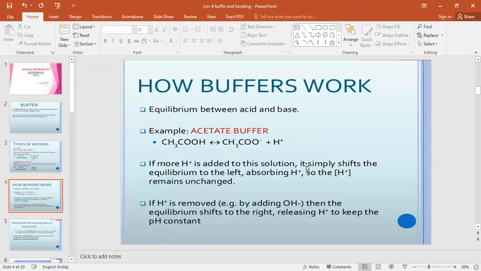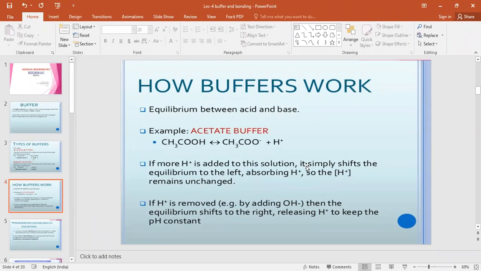If you add H+ ion into that buffer, it simply shifts the equilibrium to the left-hand side, where CH3COO- absorbs the H+ ion. So the concentration of H+ ion remains unchanged. That's why the pH remains the same.